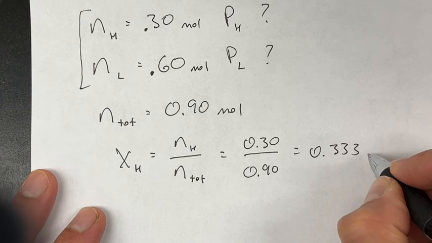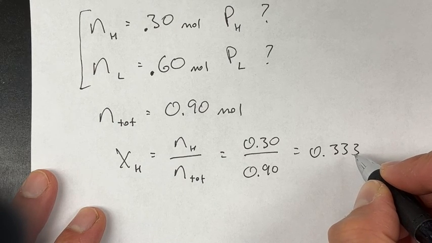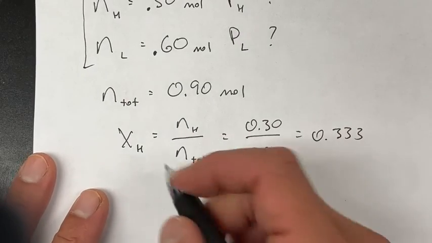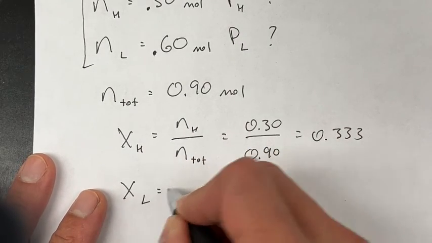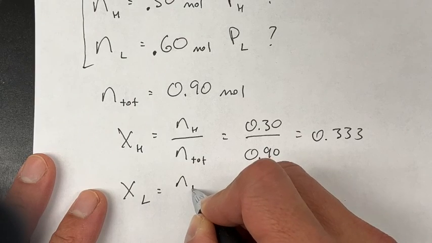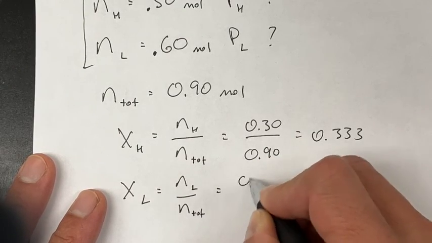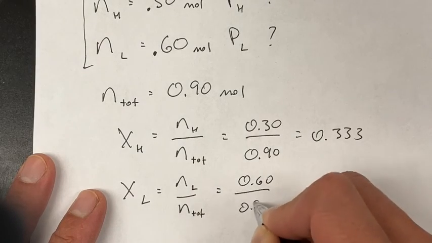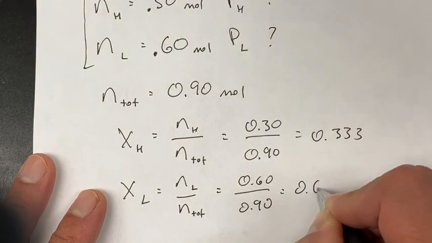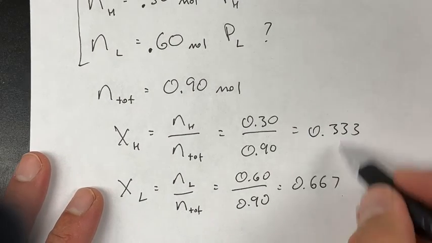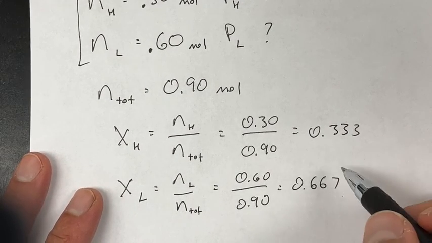That's my mole fraction of heavy. Same with the mole fraction of light: that's the moles of the light over the total moles, 0.60 over 0.90, which is 0.667 repeating. I'll just round it. Those are my mole fractions.